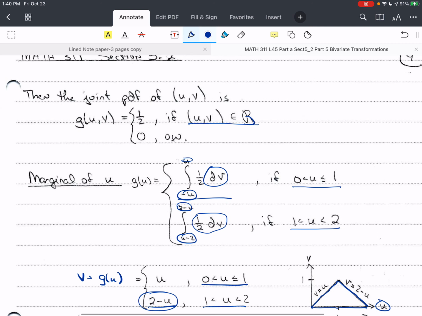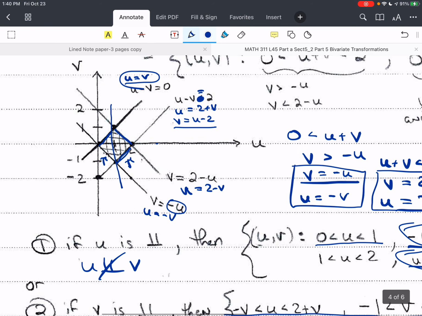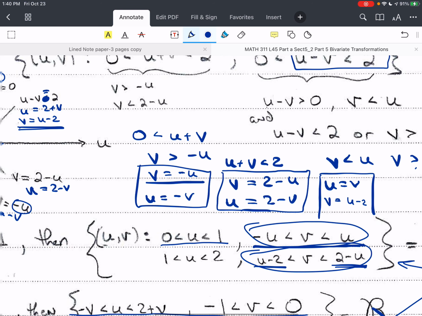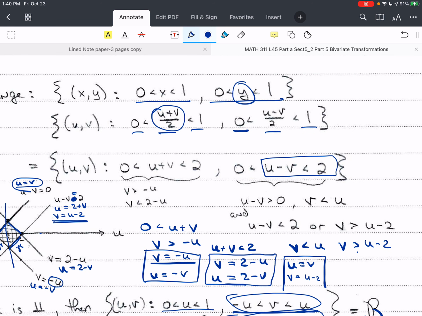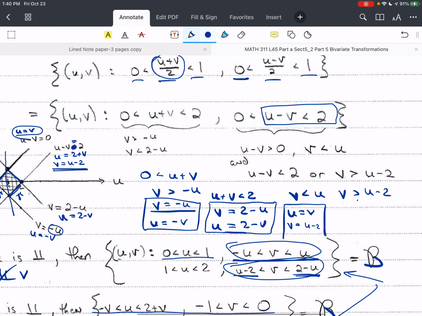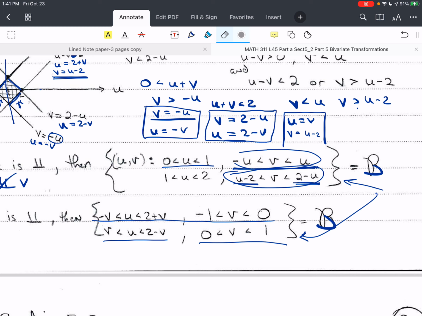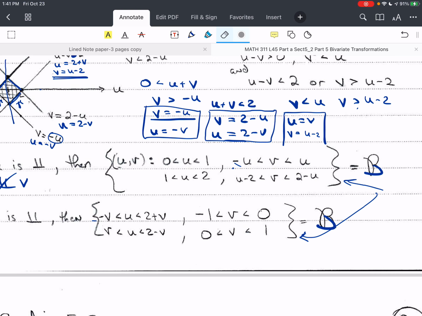If you look at this graph, you will easily be able to see which lines are going between, but it's easier for me to take away all the confusion and write it in these two different versions here, so I can easily pick up that when I'm integrating with respect to u, then u is between these two values and between these two values, depending on the value of v.